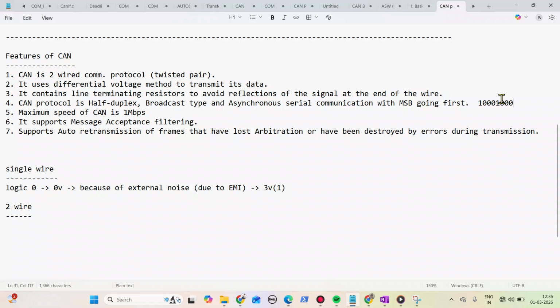So these are 8 bits. Consider this is the least significant bit and this is the most significant bit. If my transmitter wants to transmit this whole byte, first this bit will be transmitted, and then the next bit, like that. First the MSB will be transmitted.